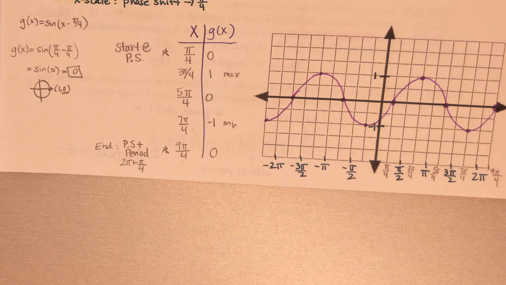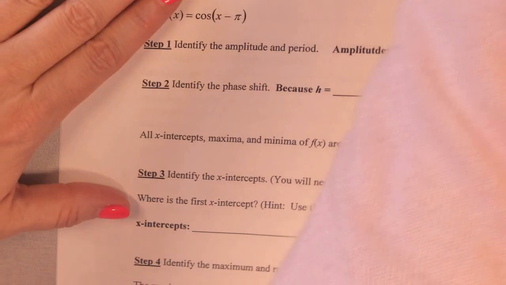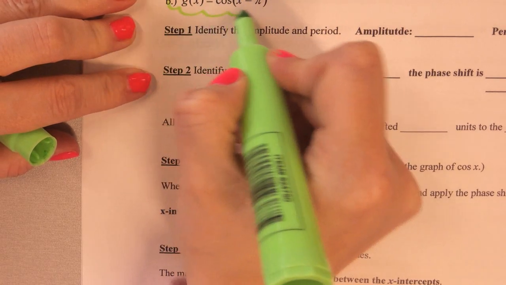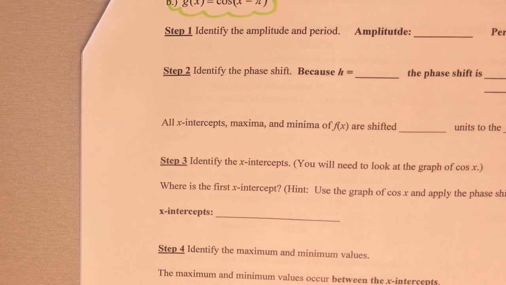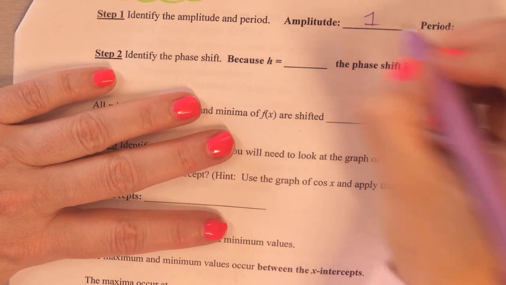Okay, now we're going to do very similar things, but this is going to be for cosine. So we have g of x equals the cosine of x minus pi. Alright, so your amplitude for this is what? 1. What's the period? 2 pi.